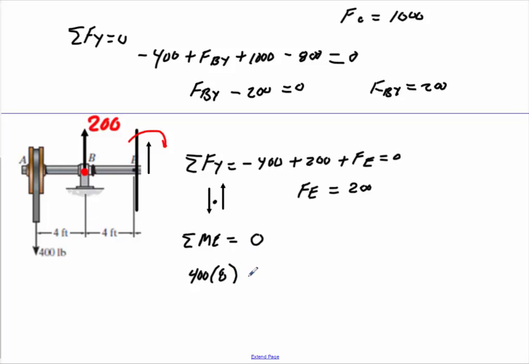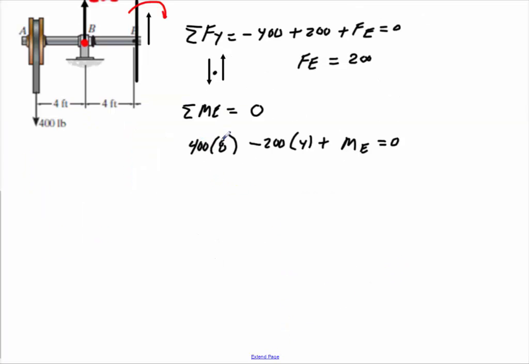Okay, and I got plus 200 times 4. And again, I'm going to make this one negative because it's going back clockwise. Plus the moment at E is equal to 0.